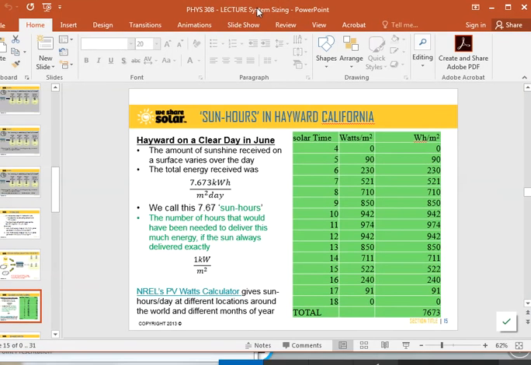So the way that we calculate it looks something like this. In Hayward, you would look up either hotspotenergy.com or the National Renewable Energy Lab's PV Watts calculator. We'll go there in just a moment. And you can look up the solar time, the time of day, like 4 a.m., 5 a.m., 6 a.m., etc., up to 6 p.m. And you can see how many watts per square meter.